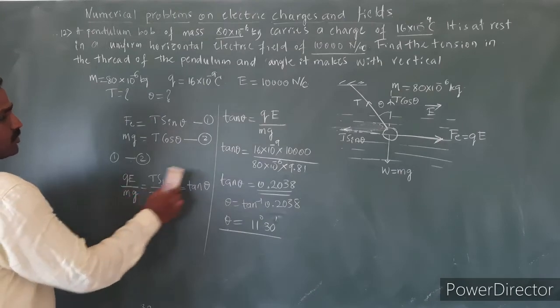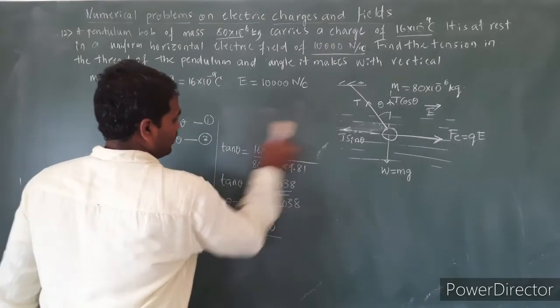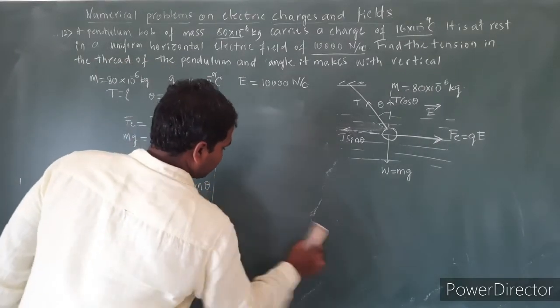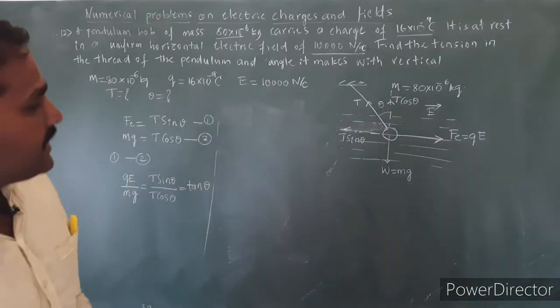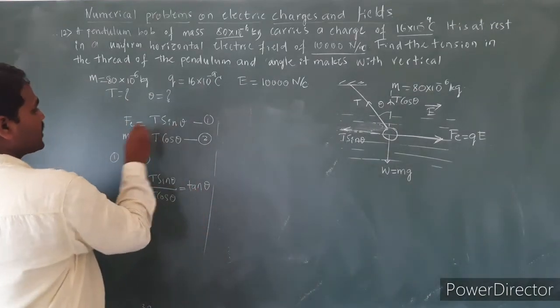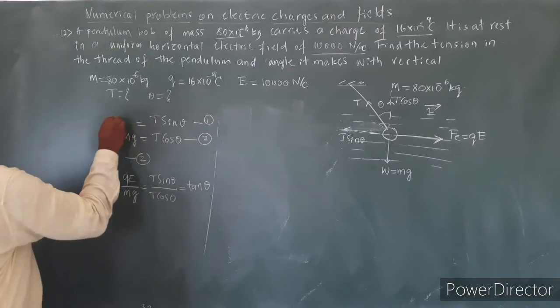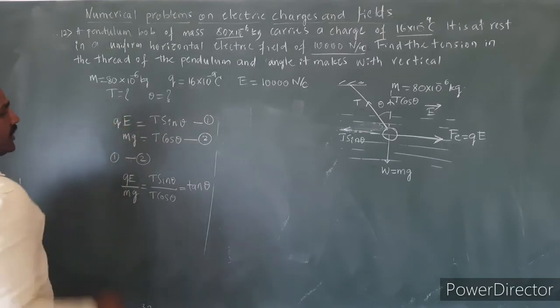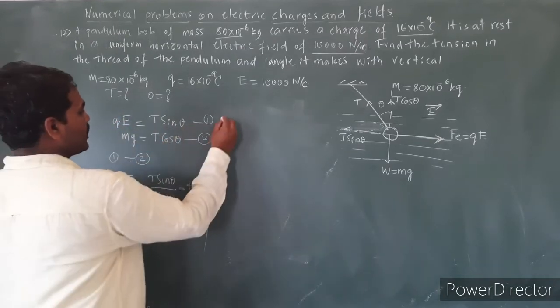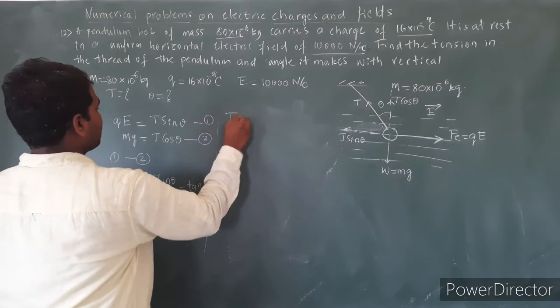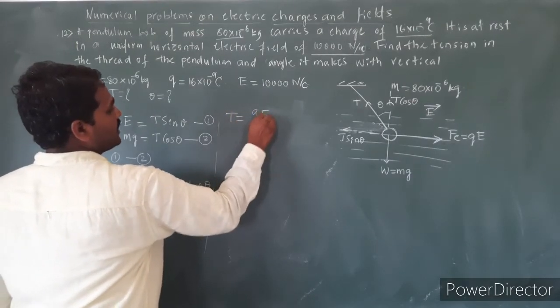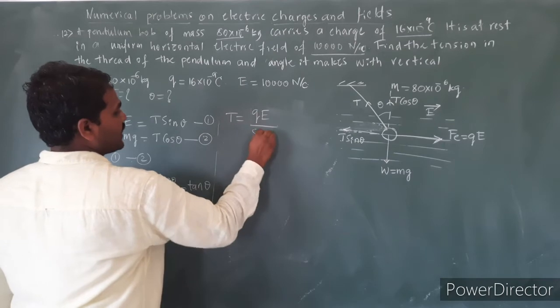So we shall use equation number 1, with theta equal to 11 degree 30 minutes. Fe I can write as Q into E. So using equation number 1, I can write T is equal to Q into E whole divided by sine of theta.